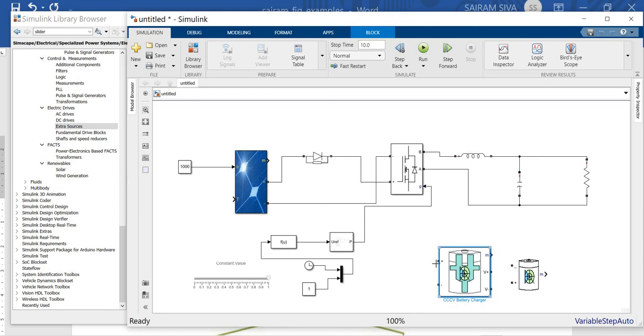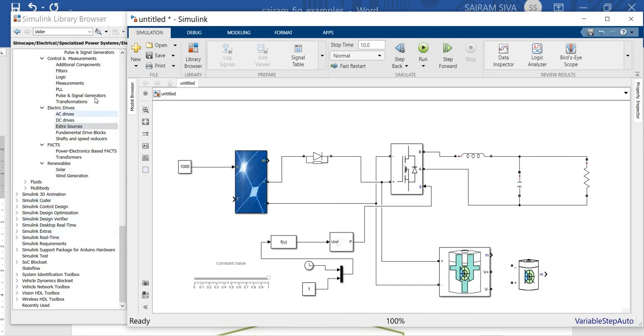This positive signal we are going to connect here, to this positive. Again this negative we are going to connect here. In the entire system we need the voltage measurement and the current measurement.